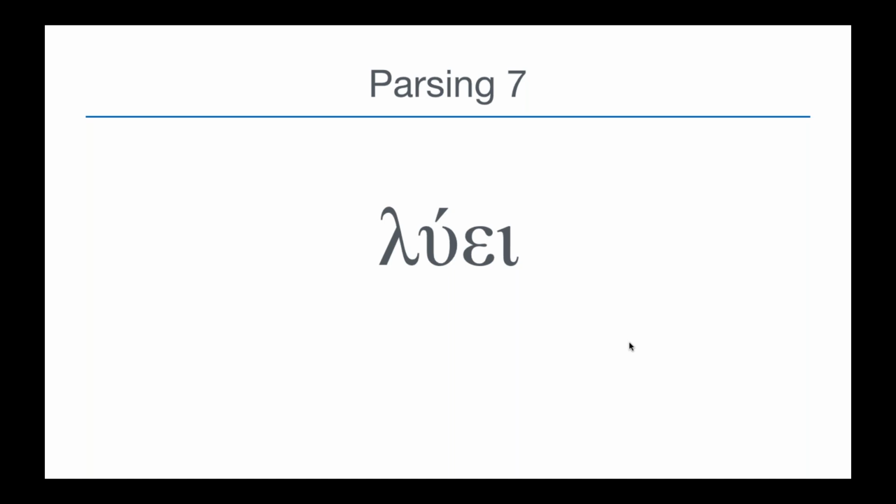Yep. Present, active, and then all of the ones this semester are going to be indicative. Indicative. All right. And it's translated right on the page for you. What does lue mean? It is loosening. There you go. He, she, or it is loosening. Exactly right.